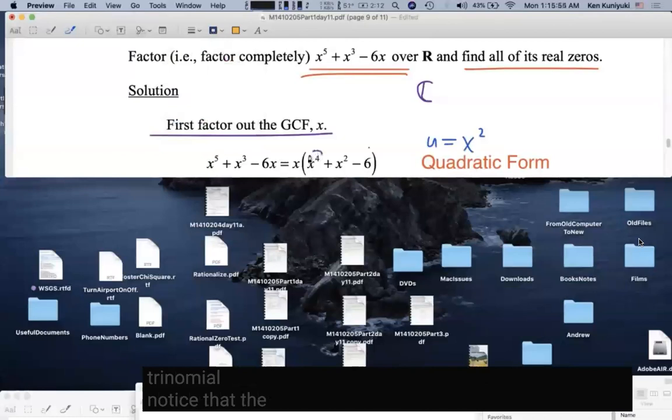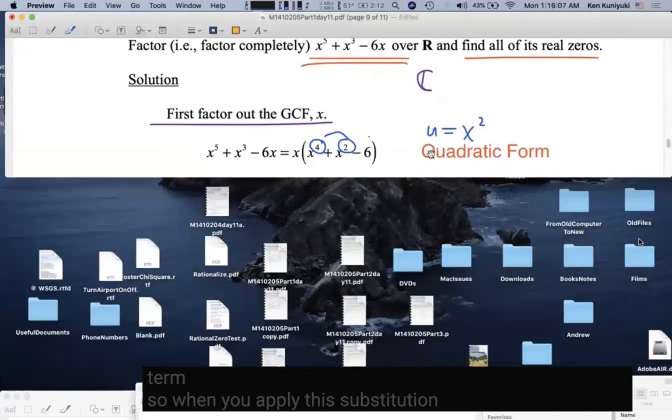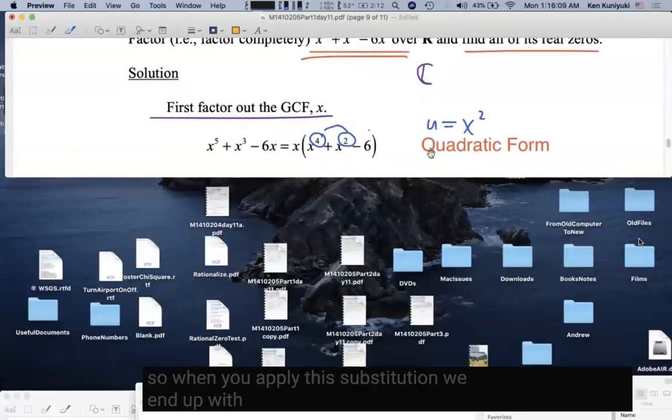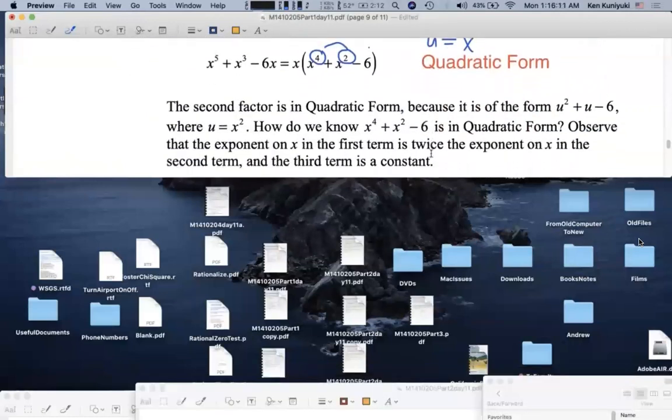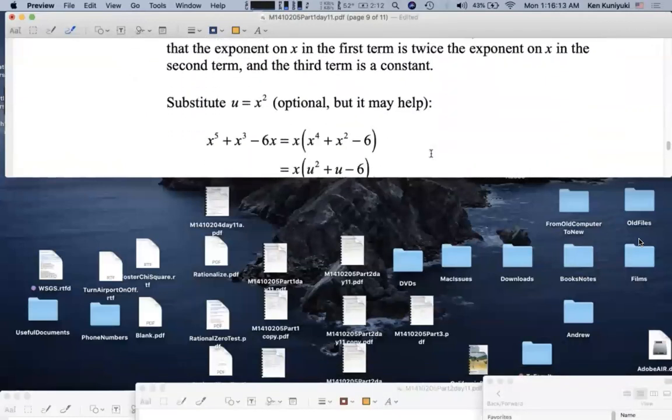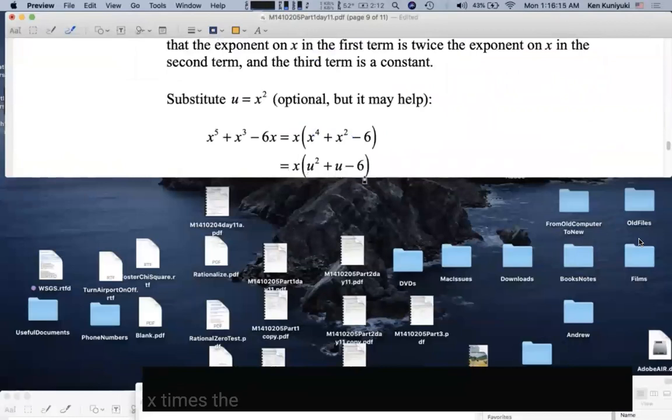Notice that the leading exponent, the 4 here, is twice this exponent, the 2. And then minus 6 is a constant term. So when you apply this substitution, we end up with x times the quantity u squared plus u minus 6.